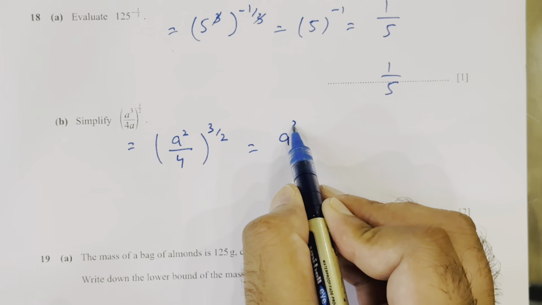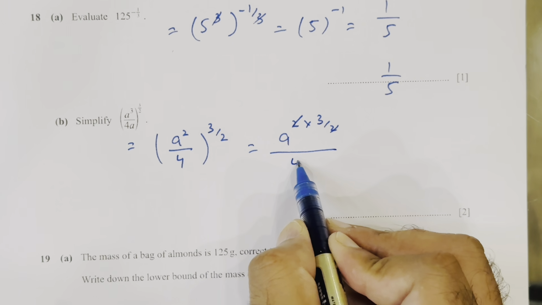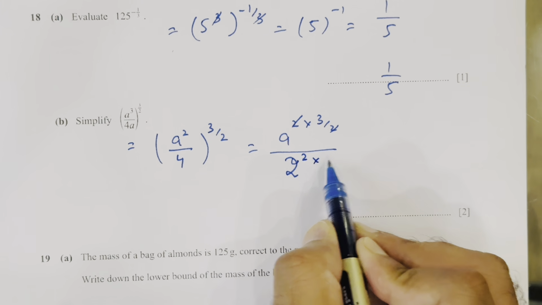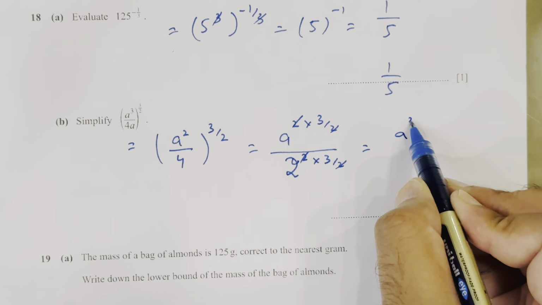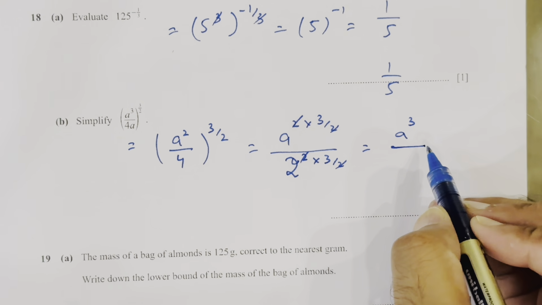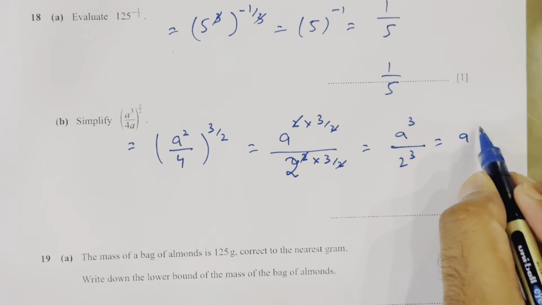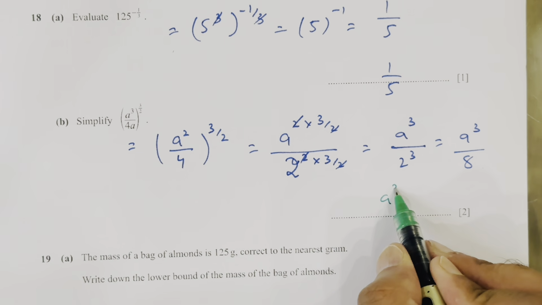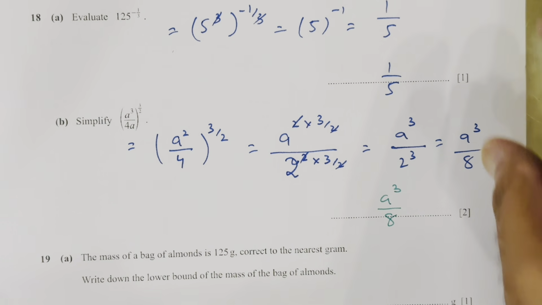Then a square multiplied by 3 by 2, and 4, you know that 4 is 2 square, then multiply by 3 by 2, you get the value a cube over 2 cube, and a cube over 2 cube would be a cube over 8. So the final answer would be a cube by 8. So this was a very easy question.